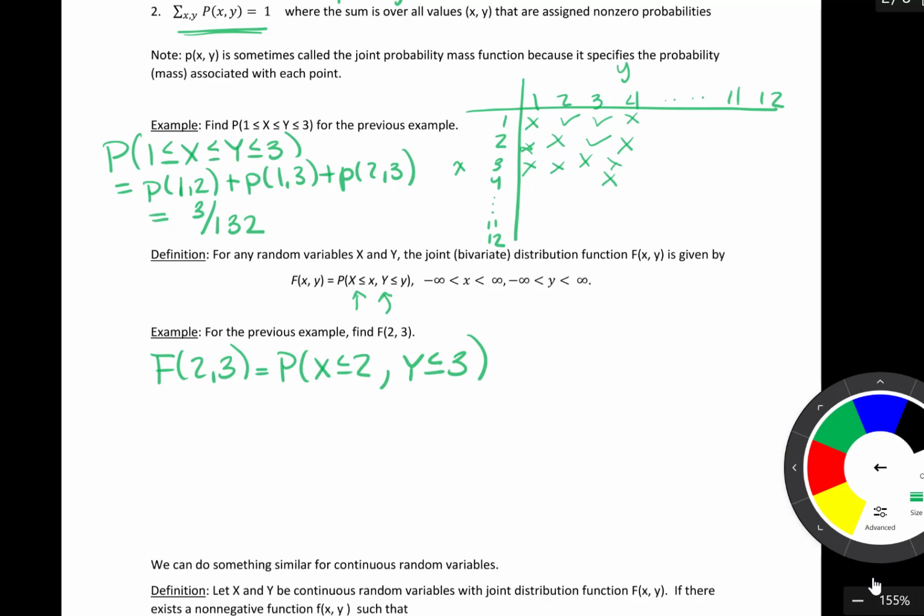So notice in this case the value of y and x are not dependent on one another. We're just looking for all of those for which x is less than or equal to 2 and all of those for which y is less than or equal to 3. And you could look up at the chart above and notice there are 4 different possibilities here.